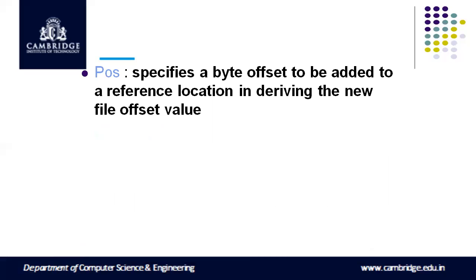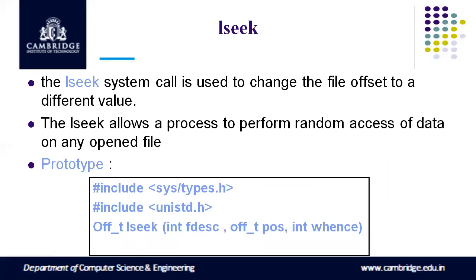So here, if you see, the return type of lseek is off_t, which is just a data type, because your lseek returns where the pointer is positioned.